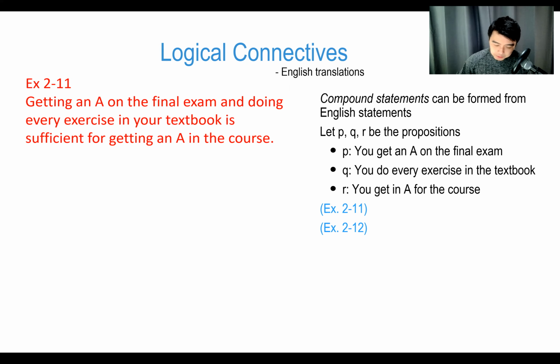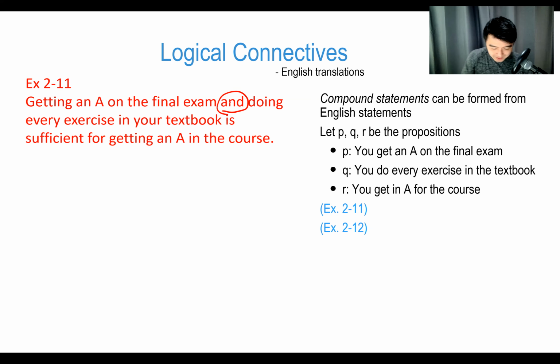How would we be able to translate this into symbolic form, into logical form? The first thing we should identify with any of these translations is what are the logical connectives? What words indicate the logical connectives? Well, you can see here that I have the word and, that indicates a logical connective.